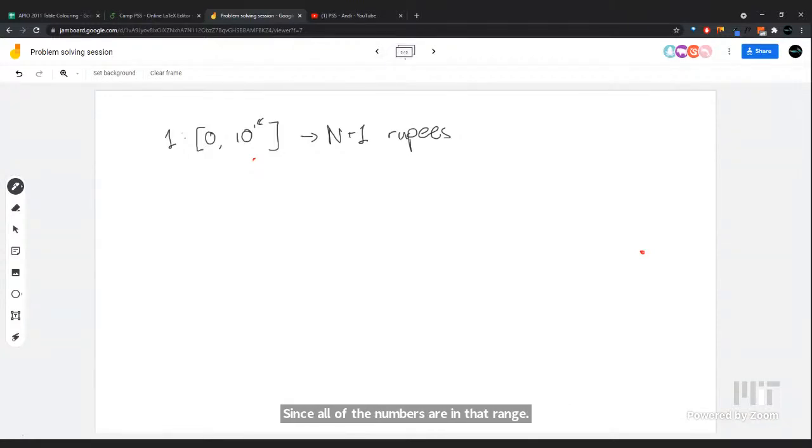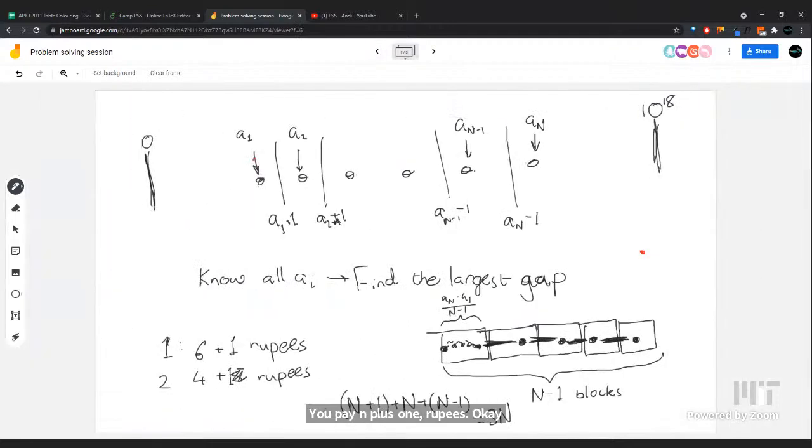So that's where this comes in. The n rupees here is from each number being included in exactly one query. Each number contributes 1 rupee whenever it's queried.